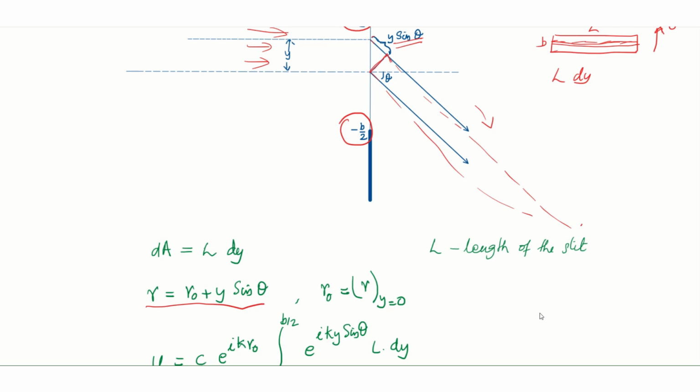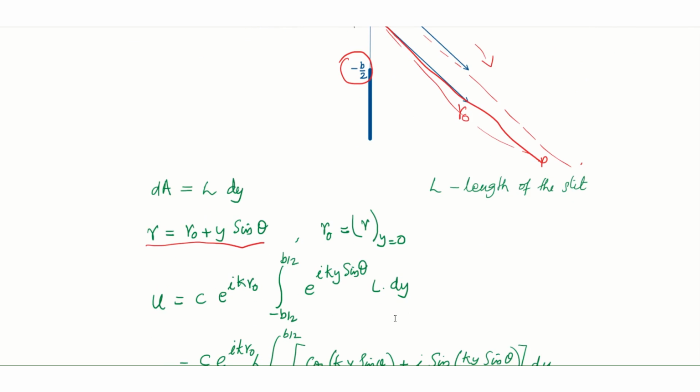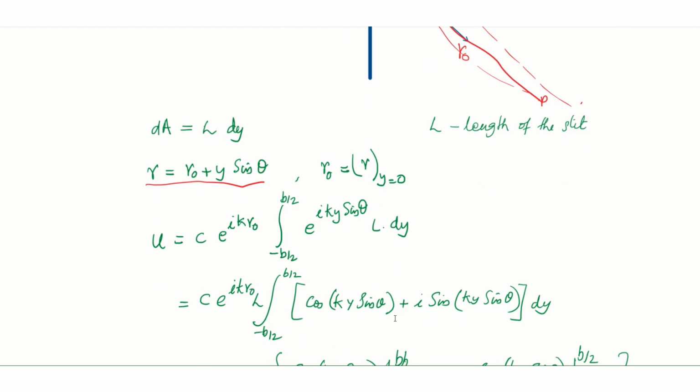R0 is the mean distance. If you take it from the center, let's say the center of the aperture slit, the distance from this to the point P becomes R0. Then R is R0 plus y sin theta.